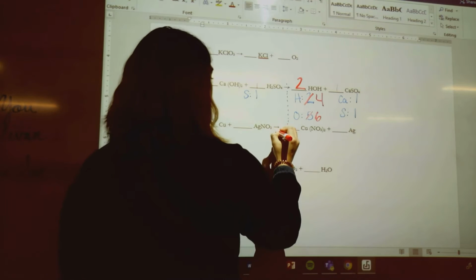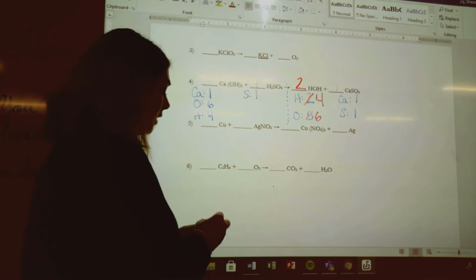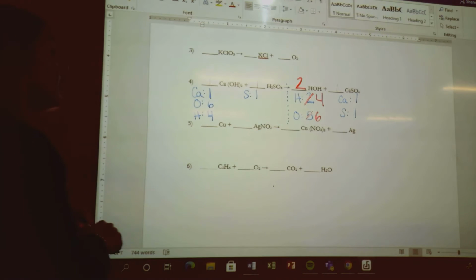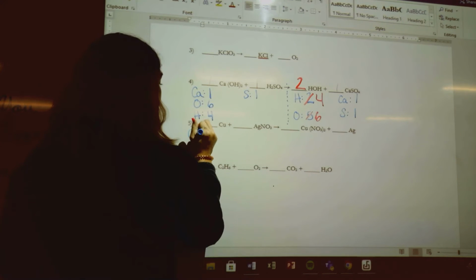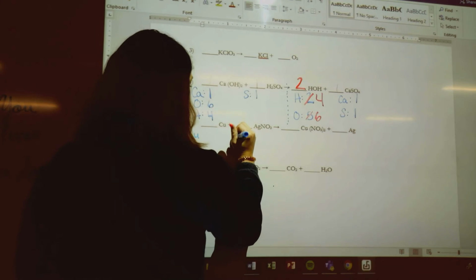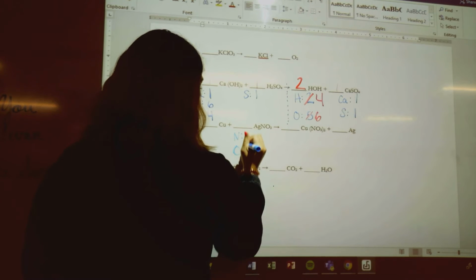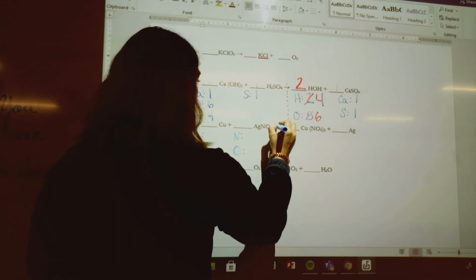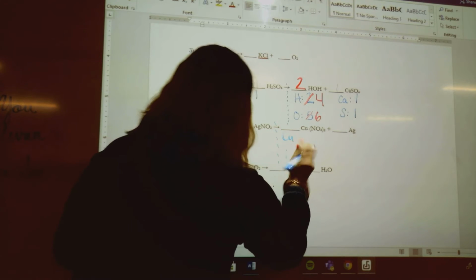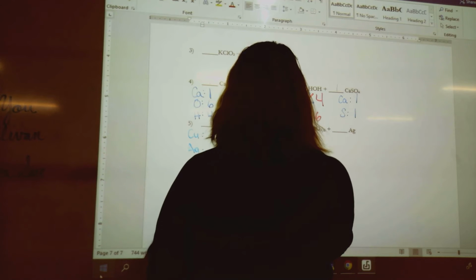So we divide it here. Oh my Lord, have mercy. Oh, they were close. Okay. I got Cu, Ag, N, and O. And over here, same thing. Cu, I'm doing the same order.